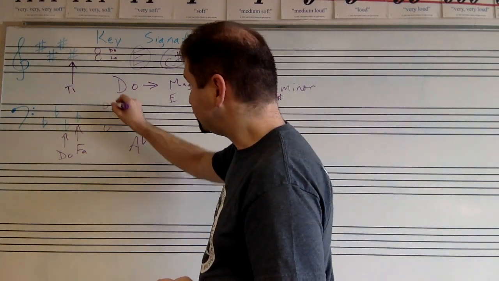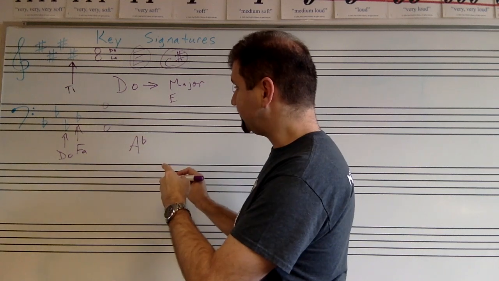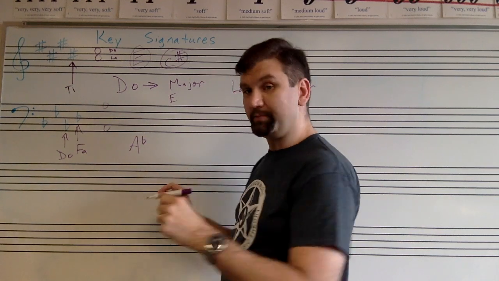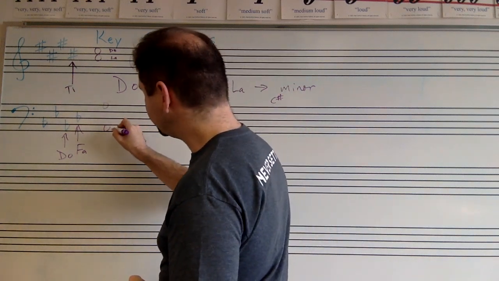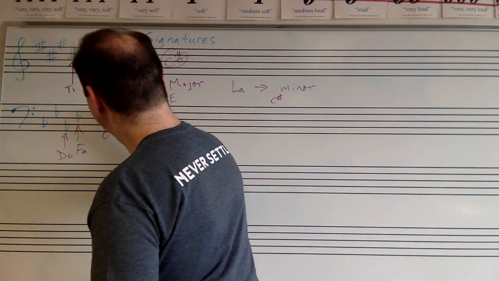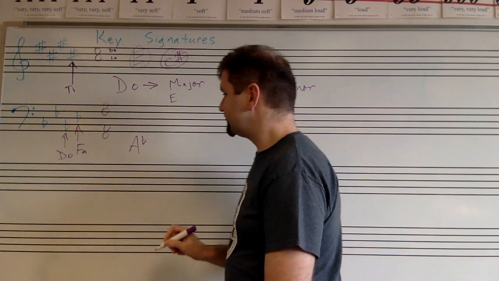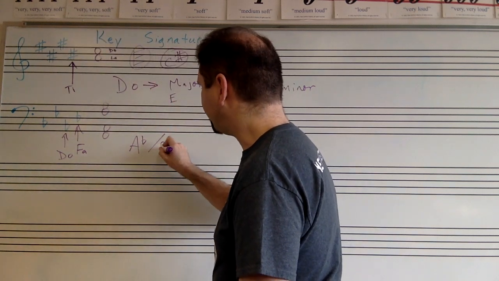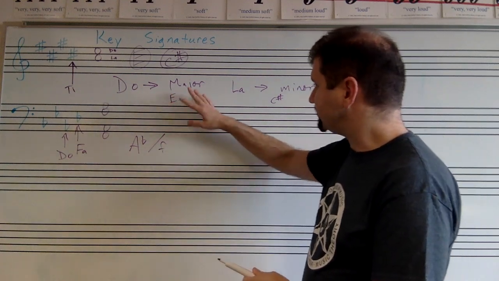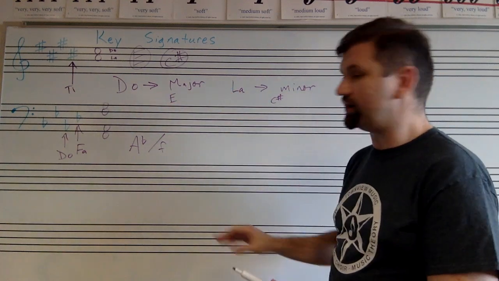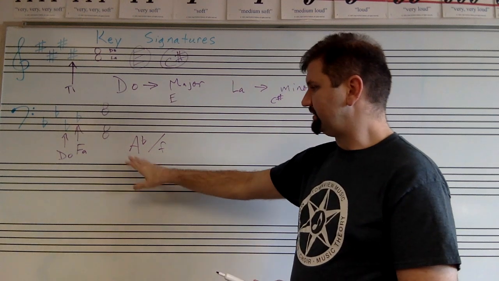So in this case, my do is on A flat. My la would be two down from that. Do, ti, la. Right here, that's my la. So in that case, that's F. And if we write it shorthand, if we don't actually write out E major, C sharp minor, we'll write it like this.